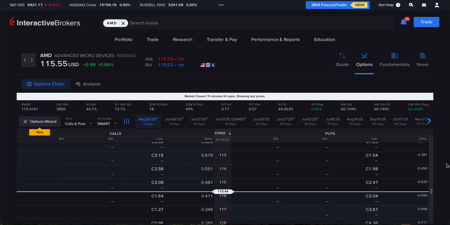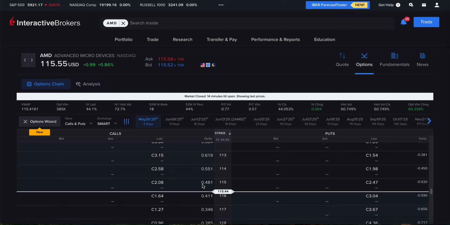We look at delta. So there are delta here for the puts, which is negative 0.520 at the strike price of 115, and delta 0.481 for the calls option at strike price 115. So what is delta? Delta is a Greek here. There are quite a number of Greeks like delta, theta, vega, etc. But let's talk about delta here.